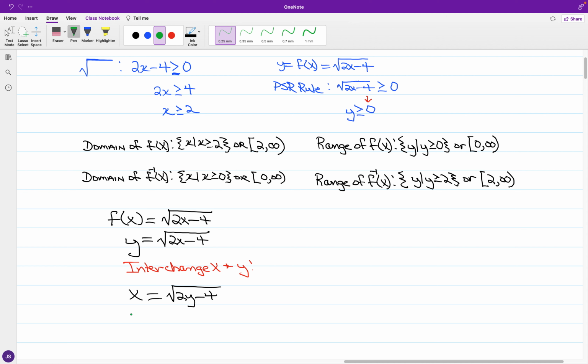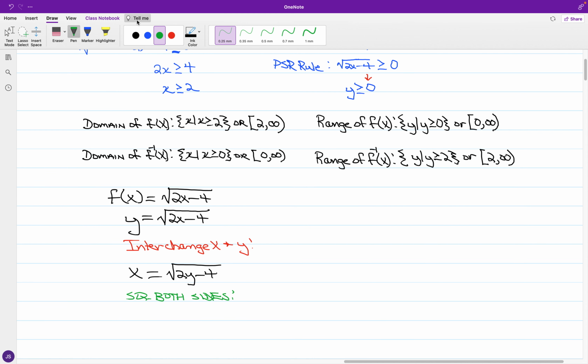And again, squaring both sides, on the left we have x squared, and on the right the square of the square root of 2y minus 4 is just 2y minus 4.